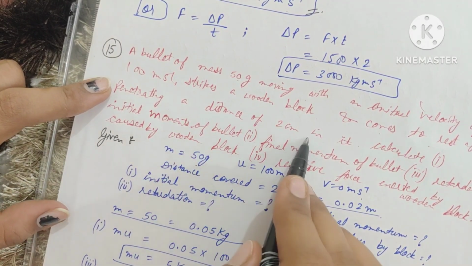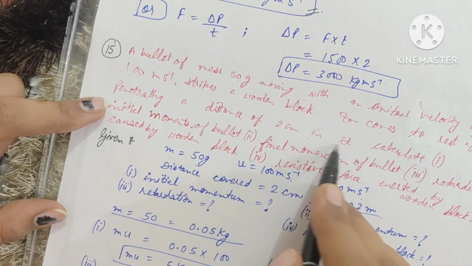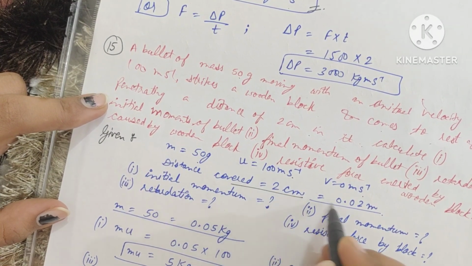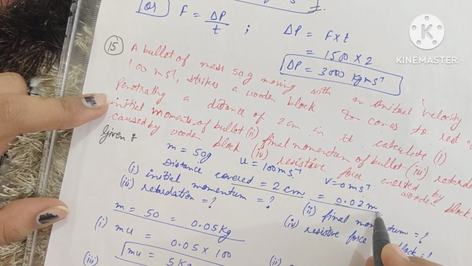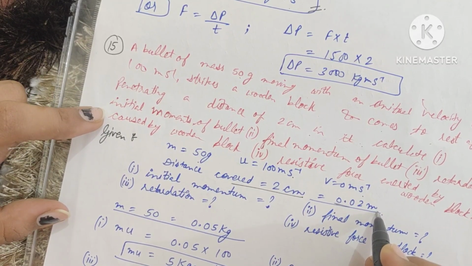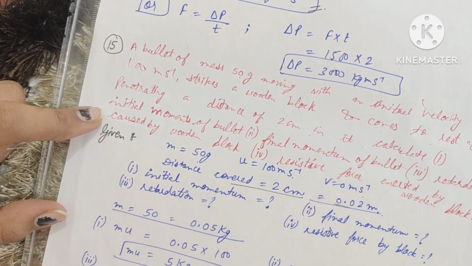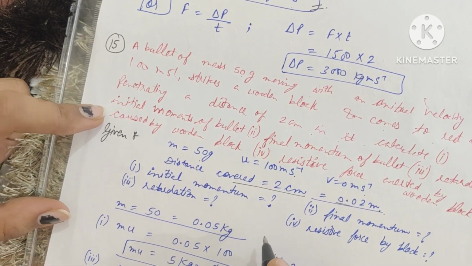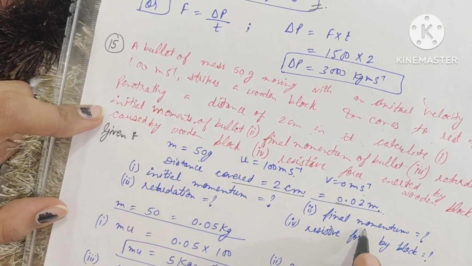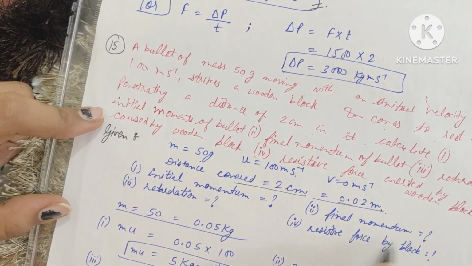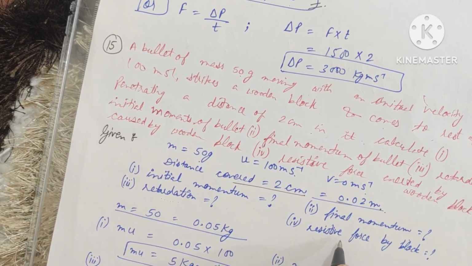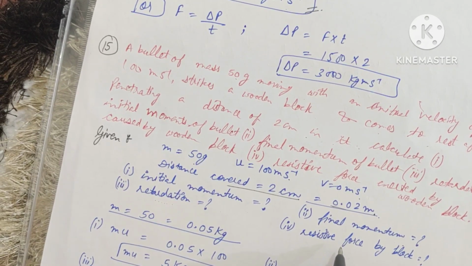Penetrating a distance of 2 centimeter in it. 2 centimeter distance it is covering. Calculate the initial momentum of the bullet. P1, initial momentum we have to calculate. Second is the final momentum also. Third is the retardation. Fourth is the resistance force by the block.